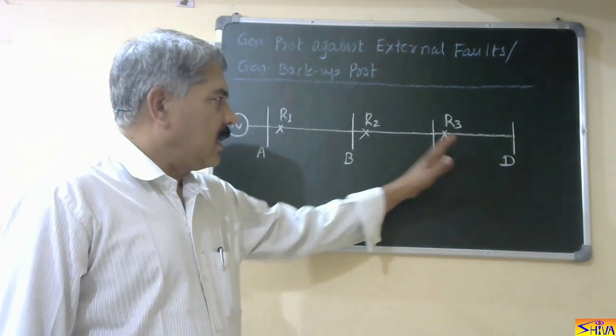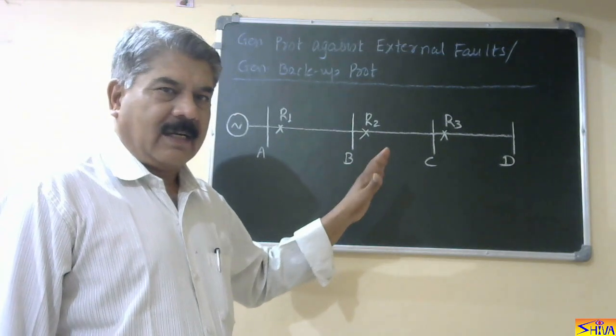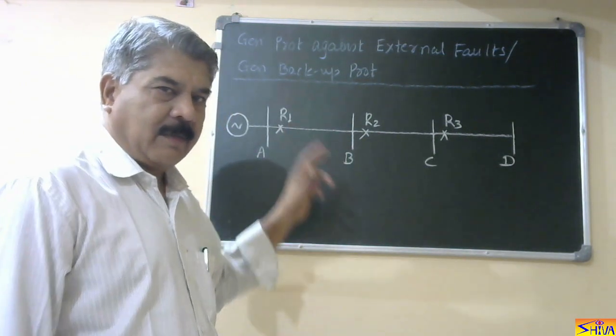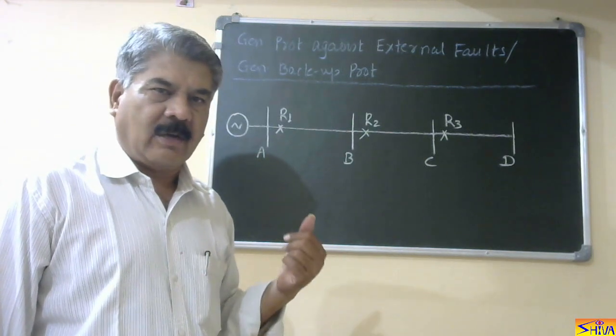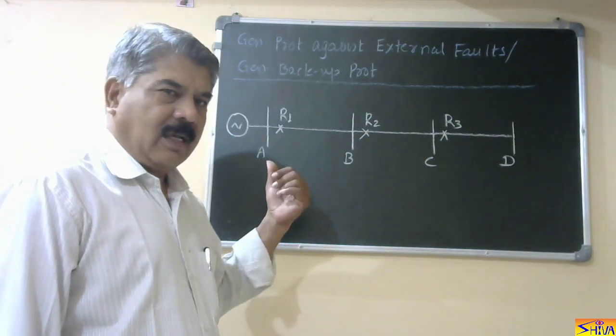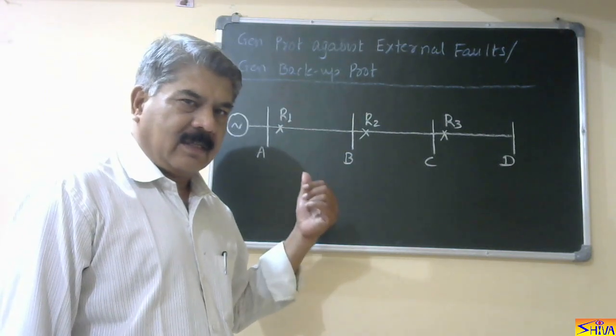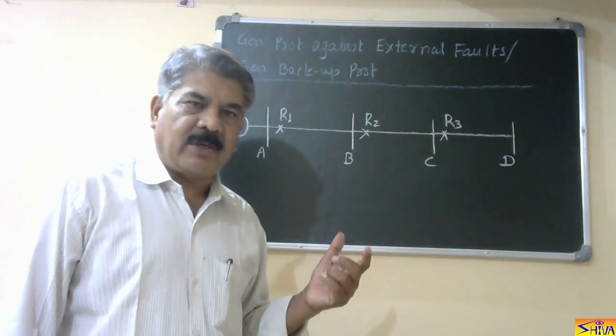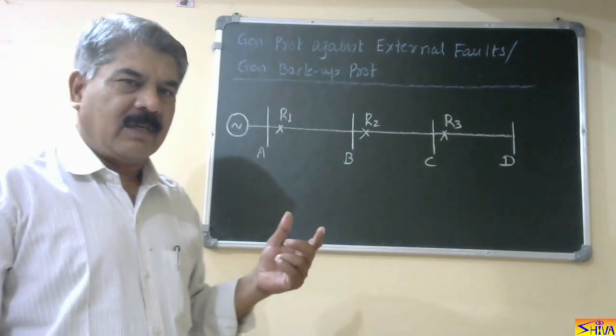Now R3 relay, R2 relay, they are getting backup protection. R3, R2 is backup, or R2, R1 is backup. Now what about the backup protection of R1? I have not shown anywhere, and I have not discussed about the backup protection of R1 while discussing the protection of transmission line as well as distribution line.